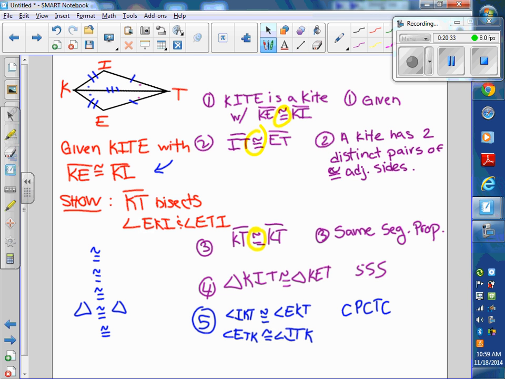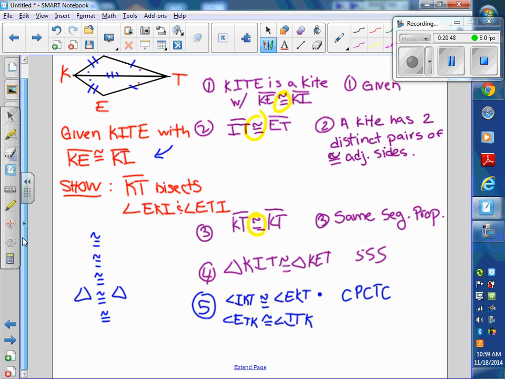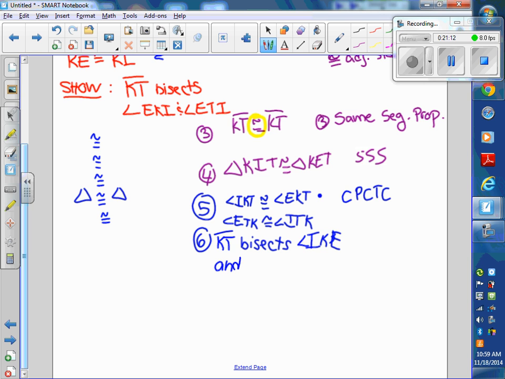So this first statement tells me that KT bisects which angle? What's the first statement tell me? So KT, in other words, order is important. If this comes first, KT bisects angle IKE, it's supposed to be an E, and the other one, ETI.